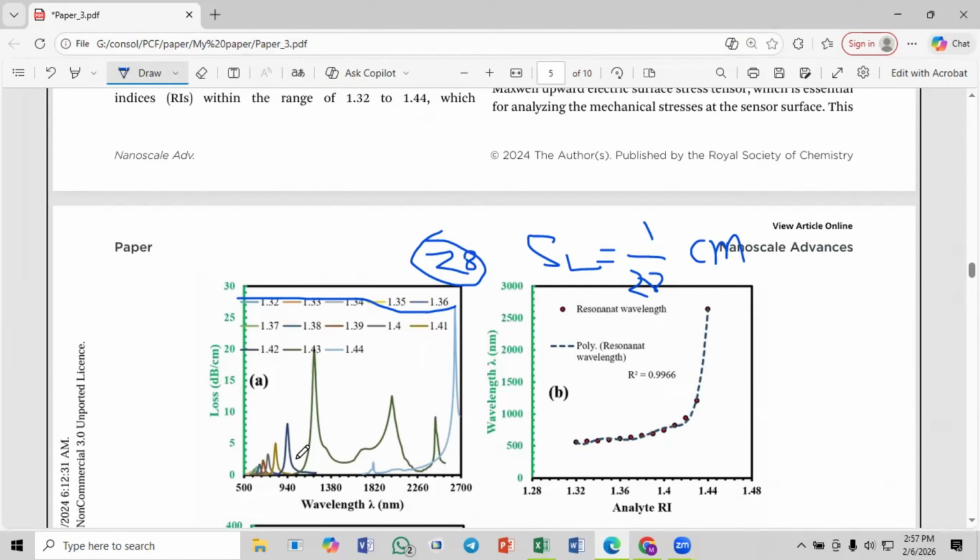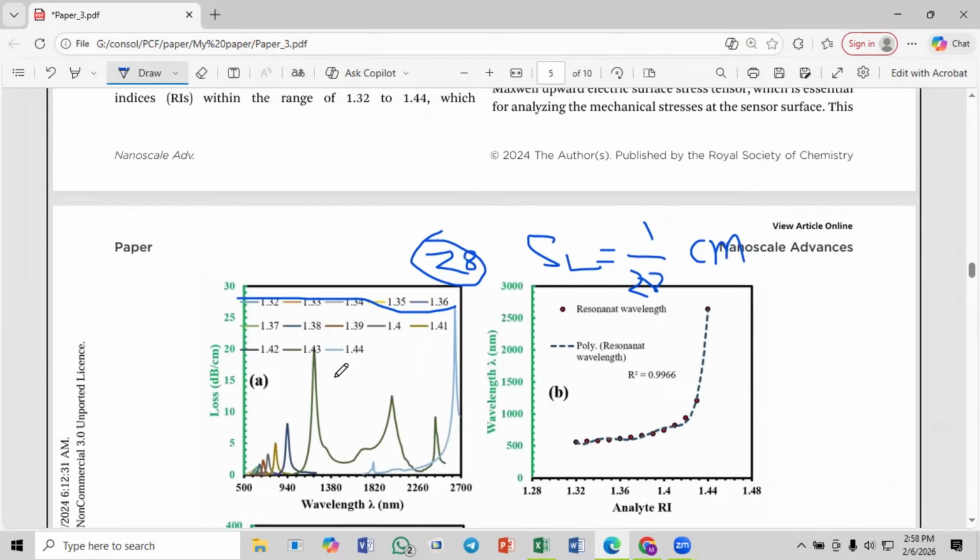The operating range is 1.32 to 1.44, and we cannot make our sensor longer than 1 divided by 28 centimeter.